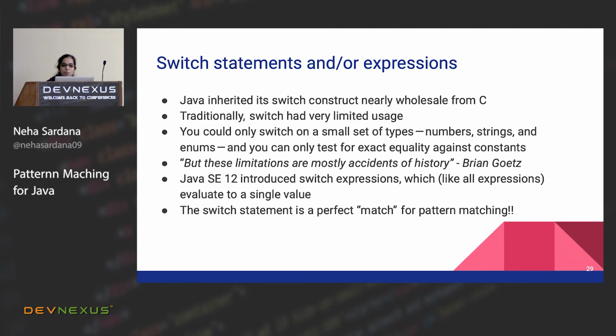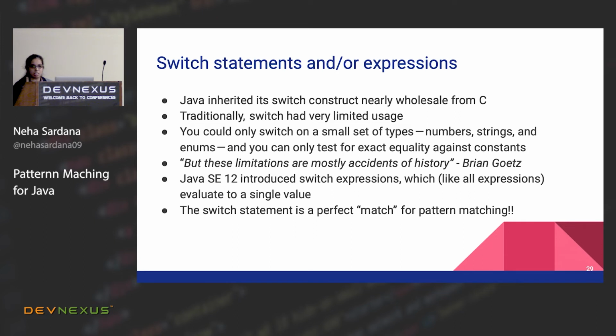And we were like, we want to have better switch statements, and they are actually improving switch as we go on. You could only use switch on a small set of types before: numbers, strings, enums, and you can only test for exact equality against constants. And this is a quote from Brian Goetz, but these limitations are accidents of history. We want to improve, right?